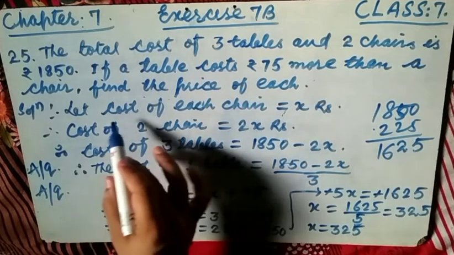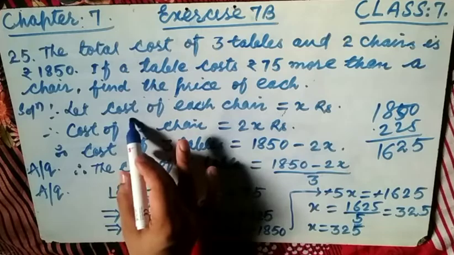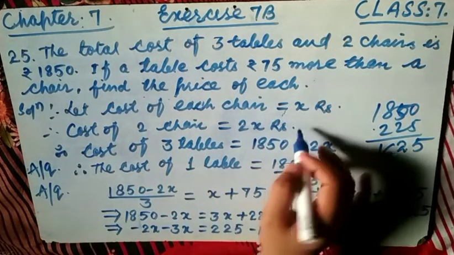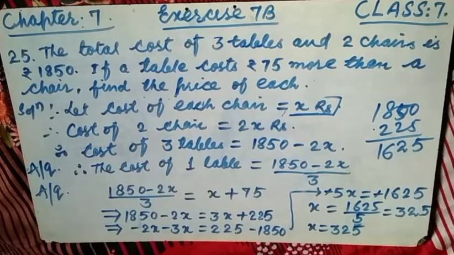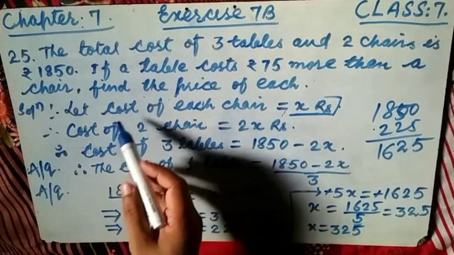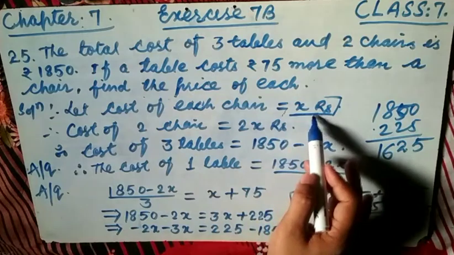Now let's see. Let us consider the cost of each chair is X rupees first. Either we can suppose the table or chair. Now we have already supposed the cost of each chair is X rupees.